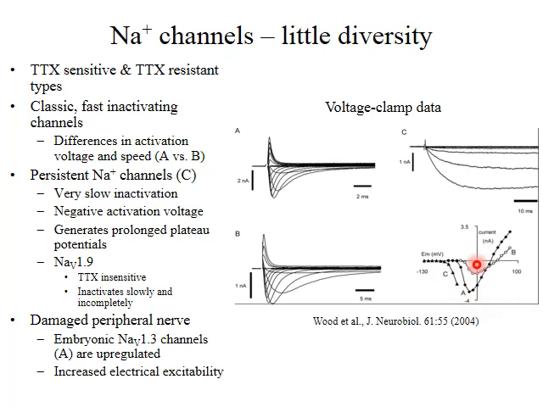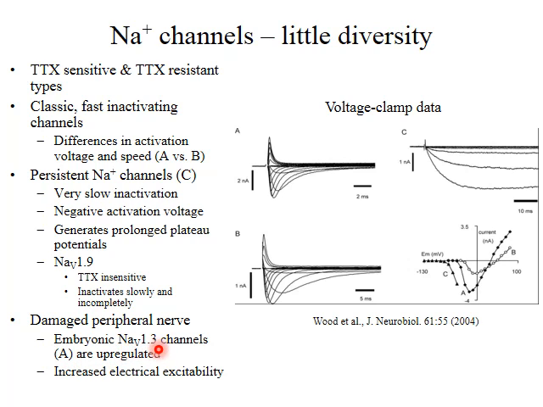And it is insensitive to TTX. The gene that codes for this channel is the NaV 1.9 gene, and this channel, in addition to being TTX insensitive, inactivates slowly and incompletely.